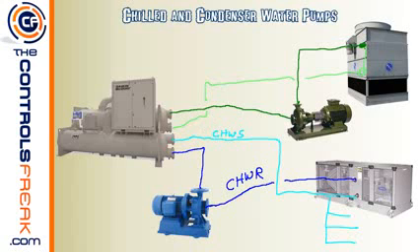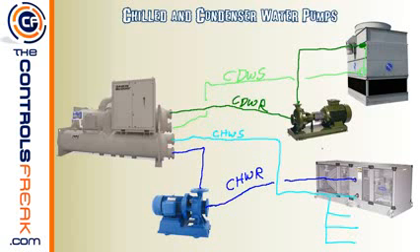Now we've completed the condenser water, so I'm going to label these as well. We're going to have condenser water return, and then condenser water supply. Writing too fast here.